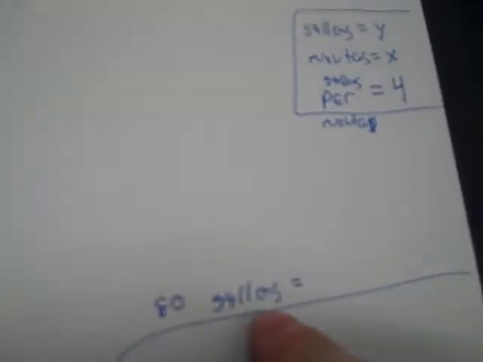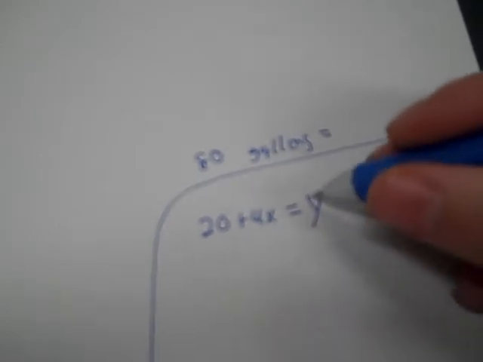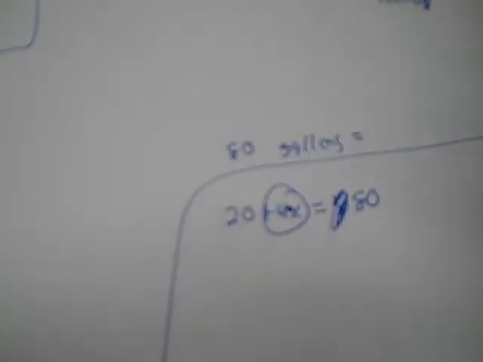Now I've got to decide which letter that would go in for. Gallons is Y, so it goes in for the Y. There's nothing in front of the Y, so I'm going to scribble that out and just put 80. Now I need to get the X by itself because it's not by itself. I dot your 4x, and then I have a 20 outside, minus it, don't plus it.